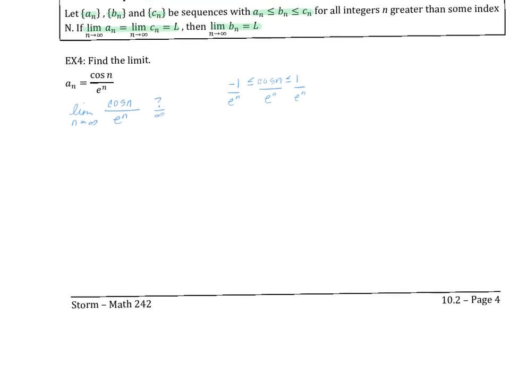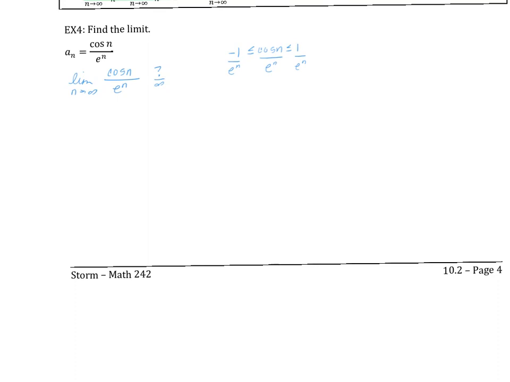I have to make sure that the values I'm dividing by are not negative, because if they are, I'm going to have to flip the sign. But e to the n is always positive. In fact, since n is going to positive infinity, it's e to some positive exponent, which is positive. So now I simply have to take the limit for all 3 pieces as n goes to infinity.